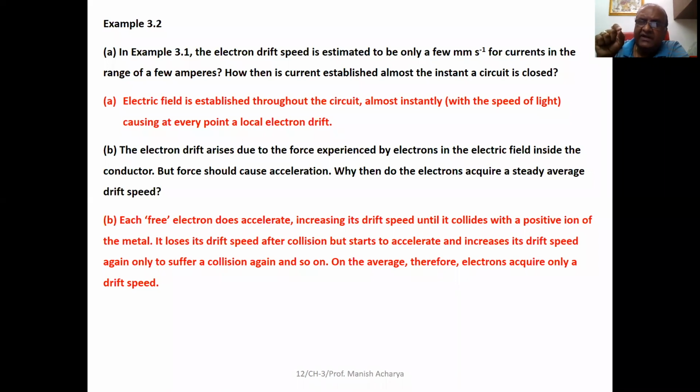And then again they are accelerated in another direction, and again when a collision takes place, the speed becomes zero. So resultantly, it moves in the direction opposite to the electric field. So we say here that an average drift speed is acquired by electrons. Clear?